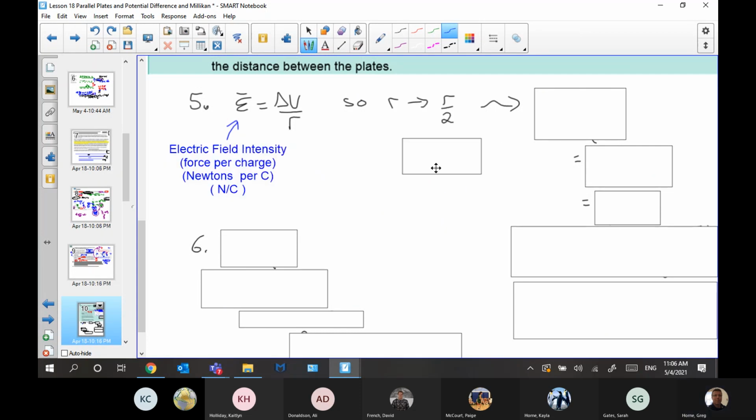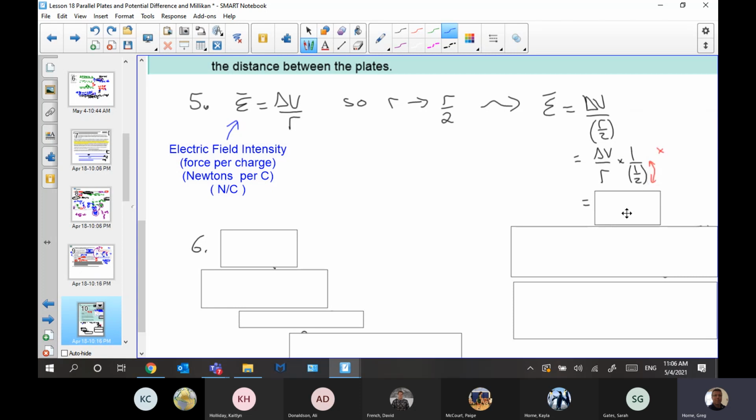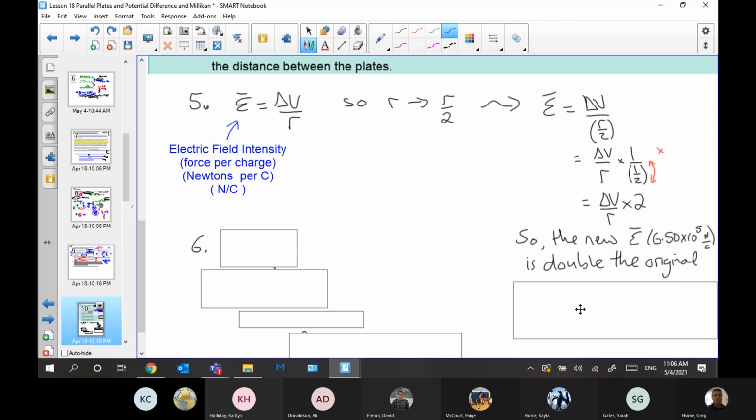So if the distance between was divided by 2, then we've got our classic: change R to be R divided by 2 and see what happens. Of course, we invert and multiply and end up with double the electric field intensity. So the new electric field intensity is double the original, the 65, the 6.5.